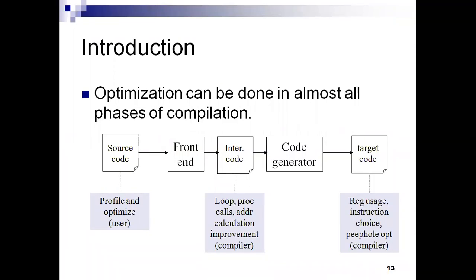We just need to get an efficient code, meaning at each and every phase we need to generate code in an efficient manner. That is what we follow from phase 1 to phase n.